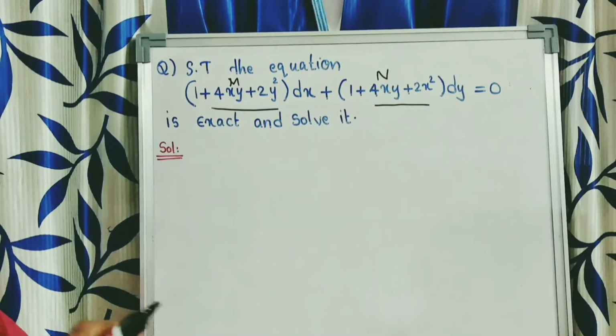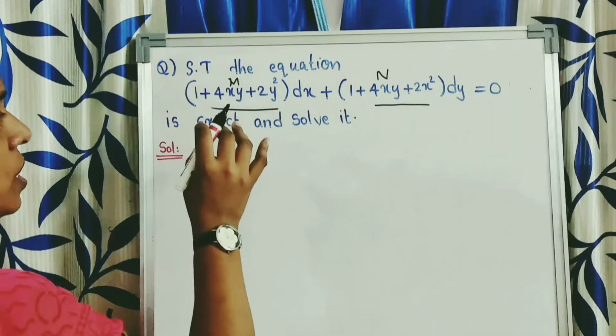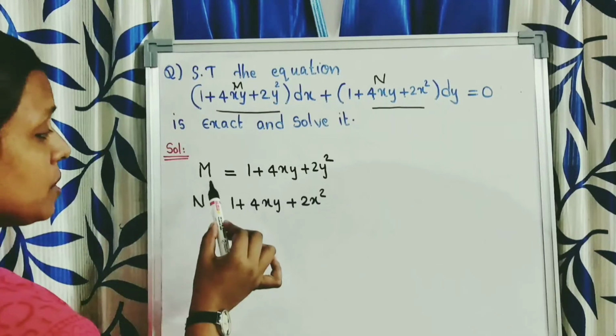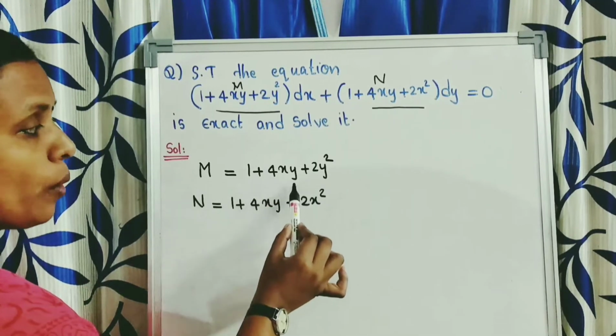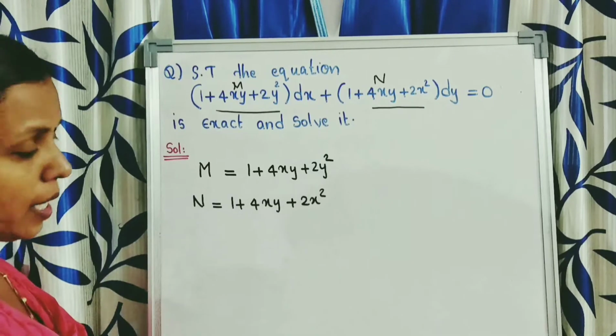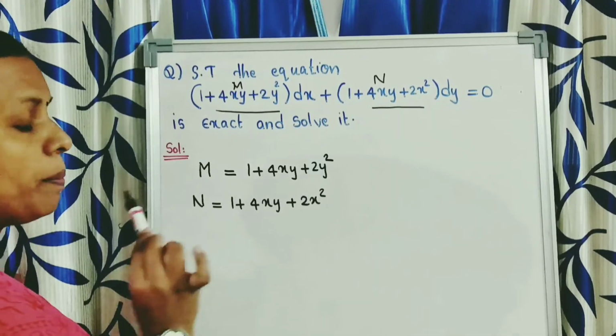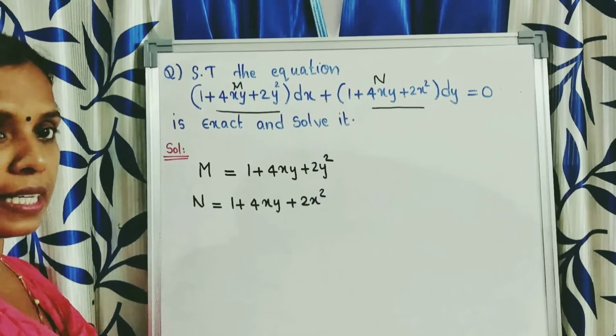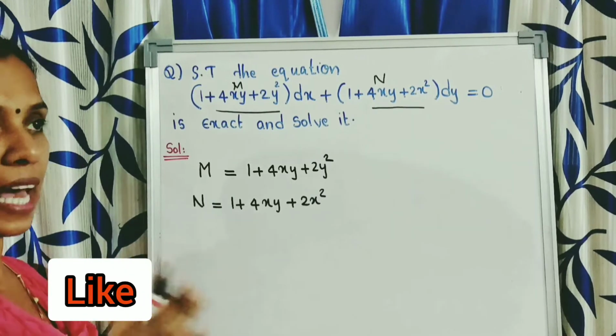First we have to show that this equation is exact, and next we have to solve it. Given that M is equal to 1 + 4xy + 2y² and N is equal to 1 + 4xy + 2x².